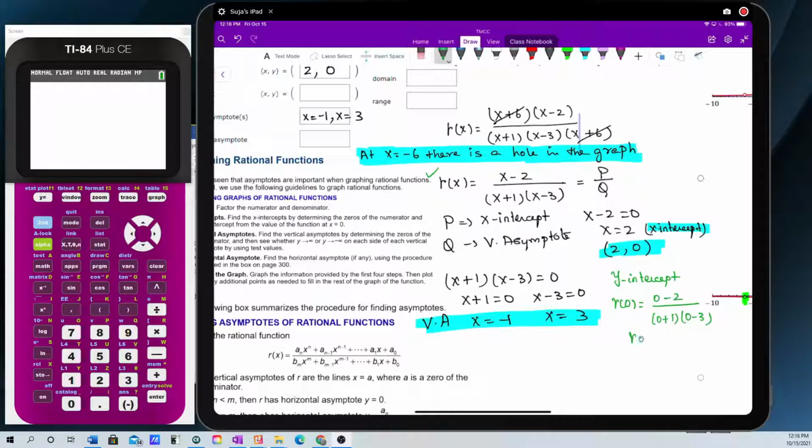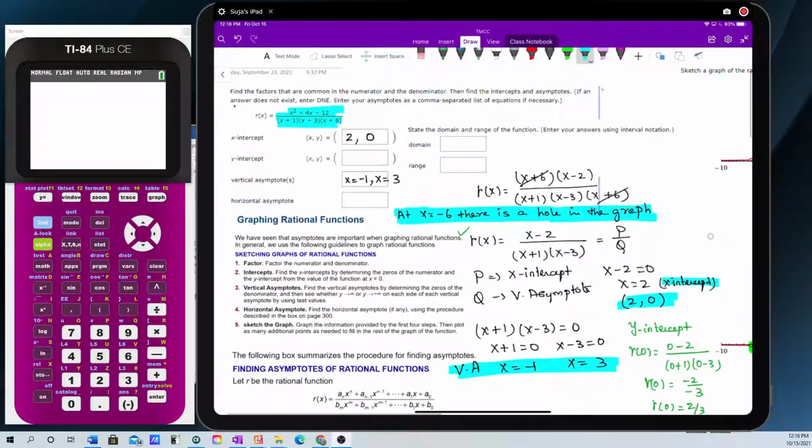So r of 0 is equal to negative 2 over negative 3, or r of 0 is 2/3. So my x is 0, y is 2/3, which gives me my y-intercept. Going back to my problem, 0, 2/3 is my y-intercept.